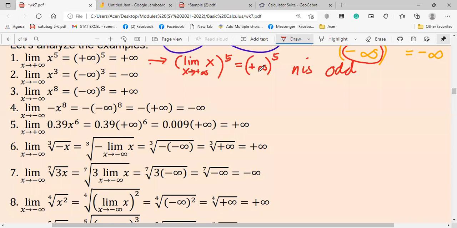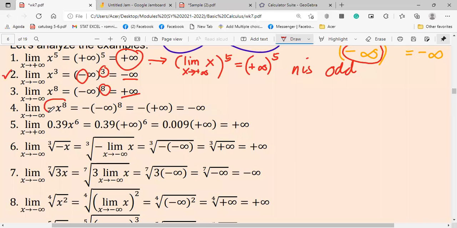Okay. Positive infinity lang pala yung nasa loob eh. So ano man yung exponent mo ay lagi lang siya positive infinity. Saan ka conscious? So itong number 2, conscious ka dito. Dahil negative ito, add pa to, negative infinity. Number 4, no problem kasi even number, positive infinity. Okay?